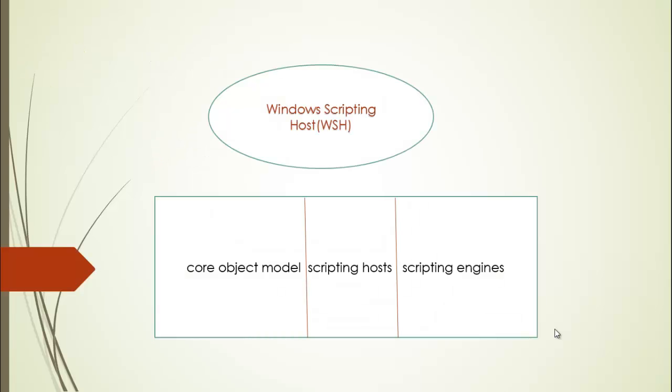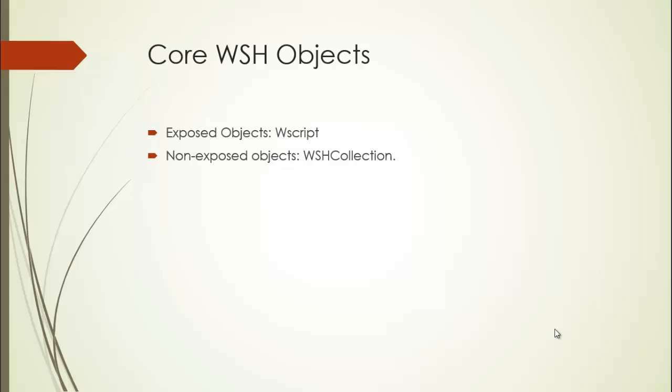Like mentioned earlier, Windows Scripting Host contains core object model, scripting hosts, and scripting engines. The Windows Scripting Host object hierarchy can be broken down into two broad categories: exposed objects and non-exposed objects. Exposed objects such as WScript are the ones you will work with in your scripts.